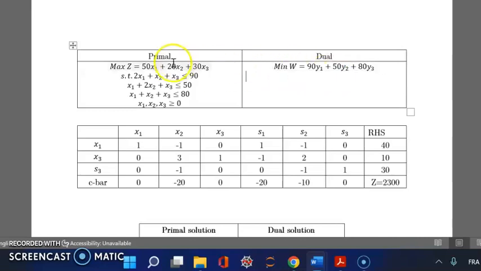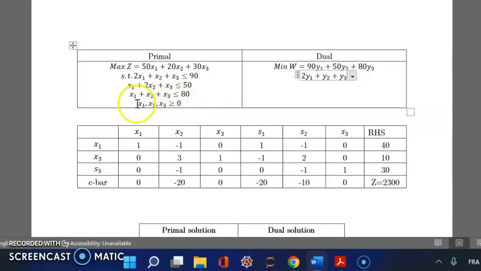Okay, now to the constraints. The first constraint is going to be 2y1 plus y2 plus y3. The sign we're going to have depends on the sign of the decision variables in the primal.